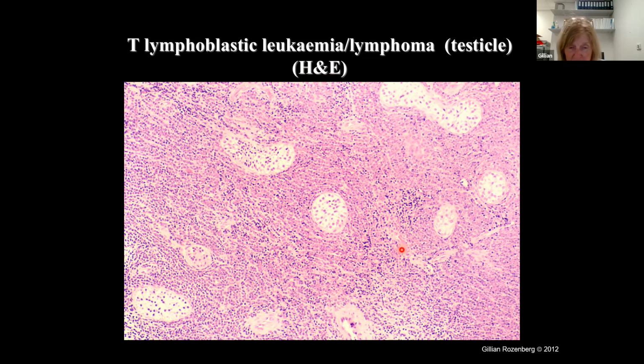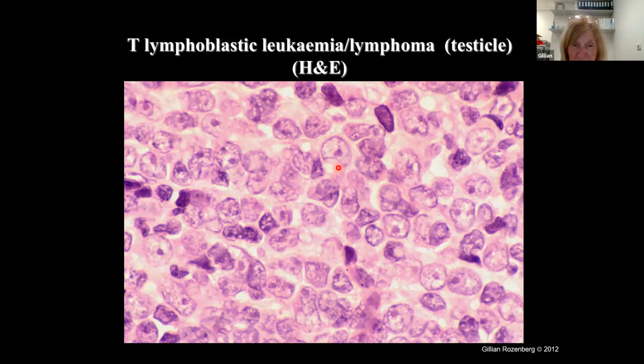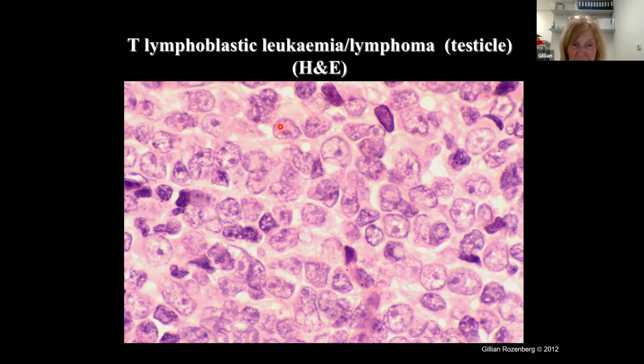So I'm just going to go onto a higher power to show you. This is under 100 oil immersion, and you can see clearly with H&E stain that these are blast cells. You can see the nucleoli standing out very prominently, and these are blasts. So this was an adolescent boy who had T-cell ALL and sadly relapsed.